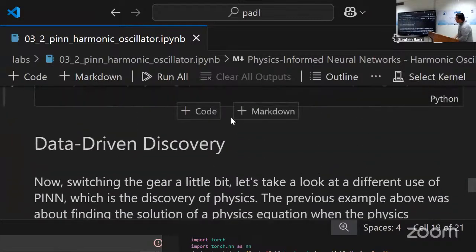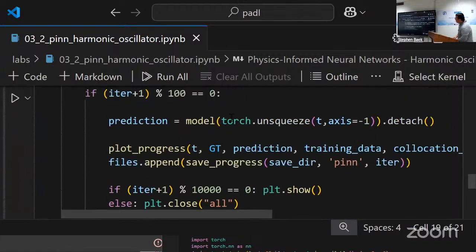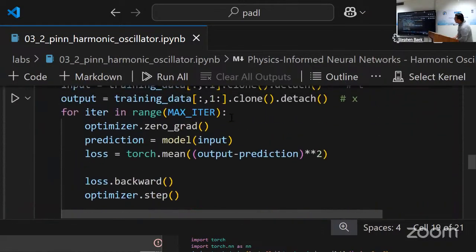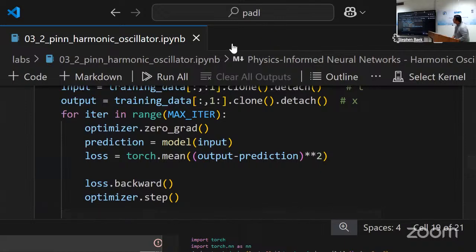I'll fix it later, but apologies for that. Oh no, this is the harmonic oscillator. Sorry. Heat diffusion.